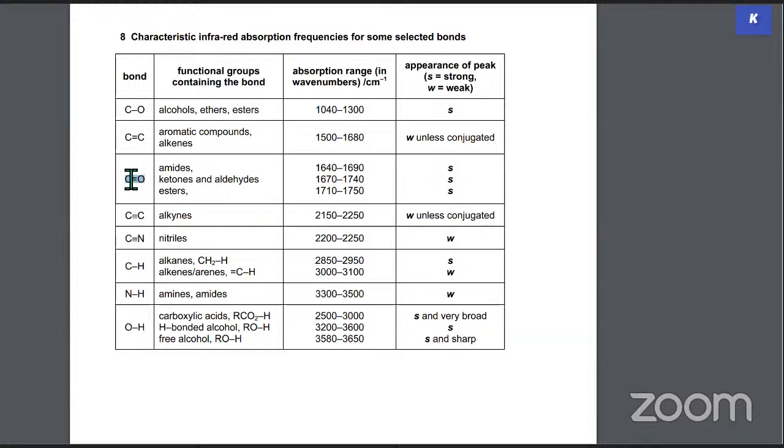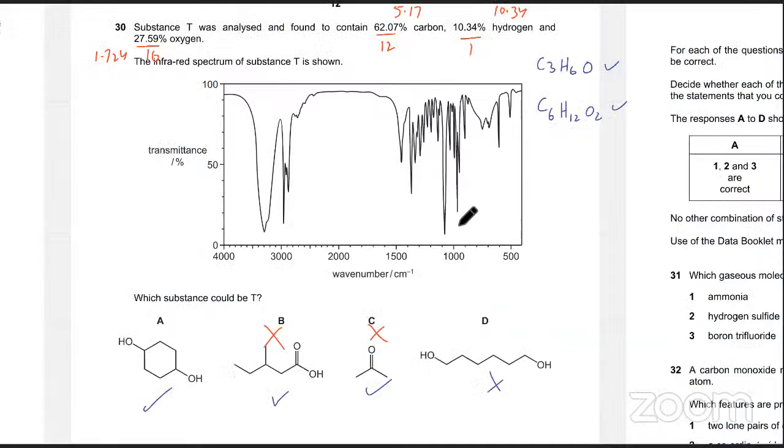If there's an absorption at 1700, 1600, it's a very strong absorption. You will very clearly identify that there is C double bond O present, whether it's an amide, ketone, aldehyde, or ester, or a carboxylic acid even. And if this absorption is missing, that means C double bond O is absent. So at 1600, 1700, if you go back, there's absolutely nothing there.